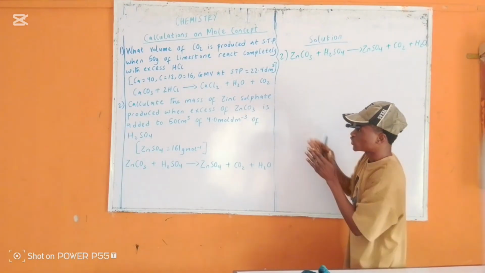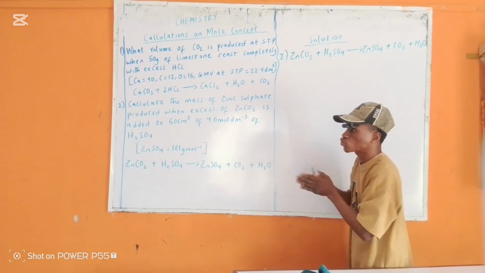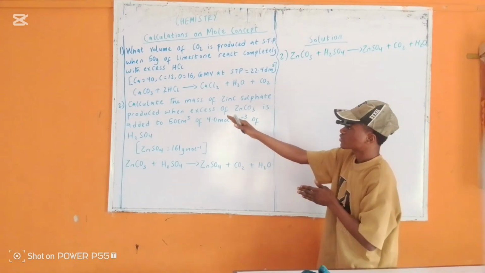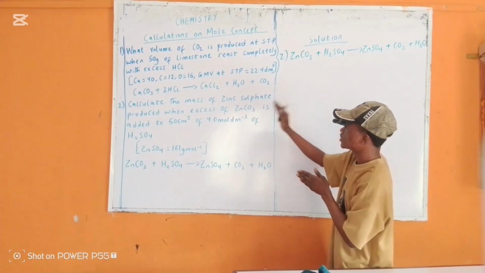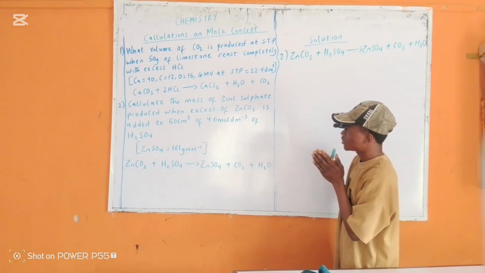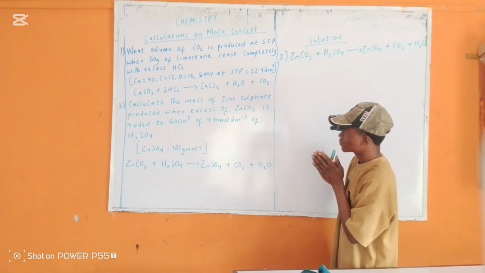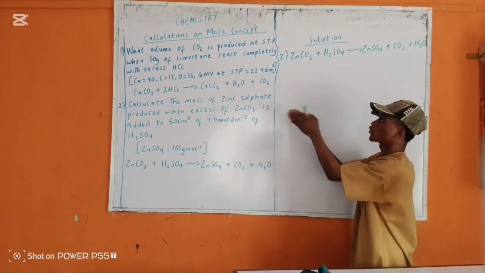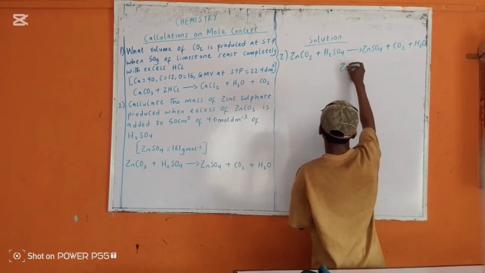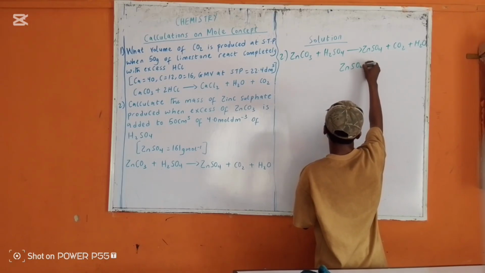Now, the question is based on what substances? Let's check. Calculate the mass of zinc sulfate. So we're having a question on zinc sulfate. So zinc sulfate is the unknown here. So this is zinc sulfate.